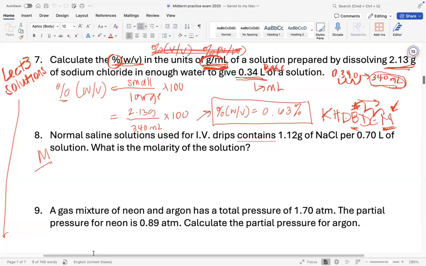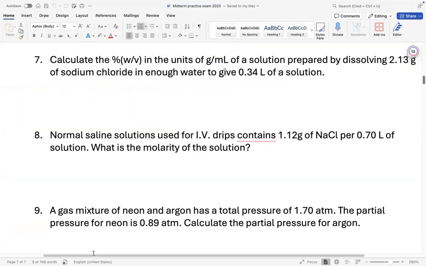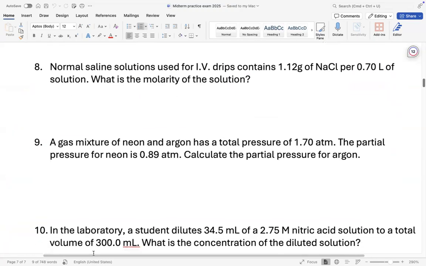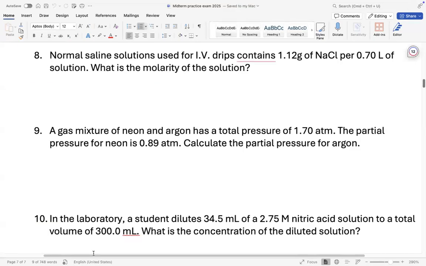The other way, which we spent a little bit more time on, was big M. And so that's our next problem here, number 8. A normal saline solution used for IV drips contains 1.12 grams of sodium chloride, NaCl, per 0.7 liters of solution. What is the molarity?